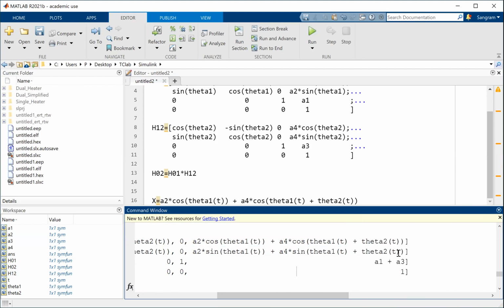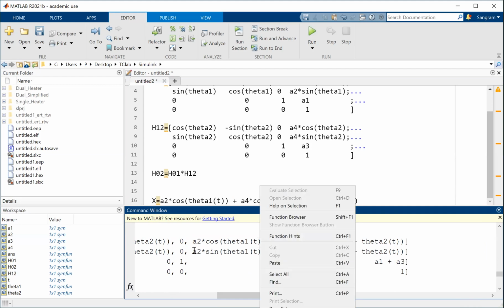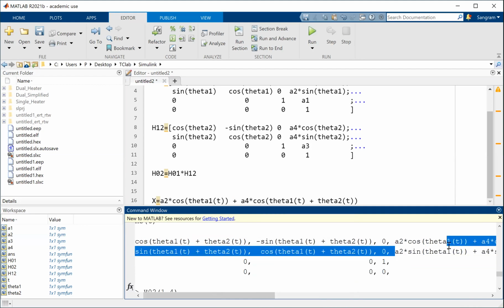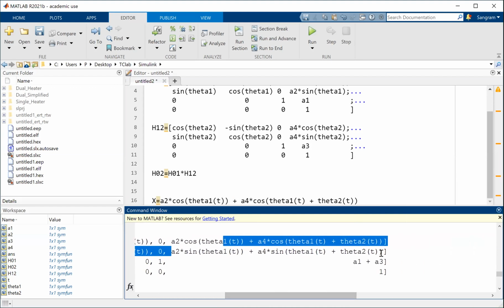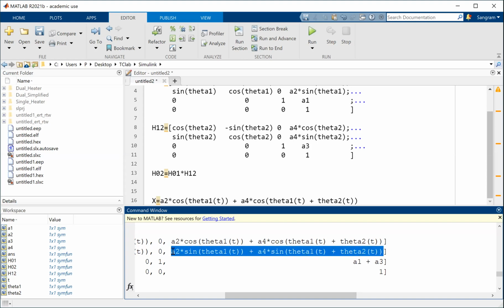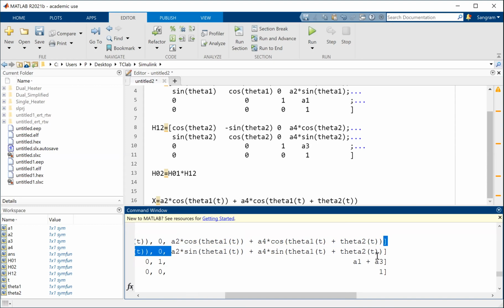I'll show you how it can be done in just a second. Next time I'm going to get my mouse.